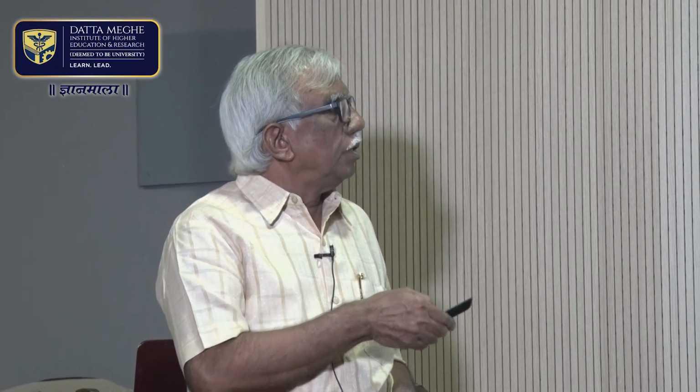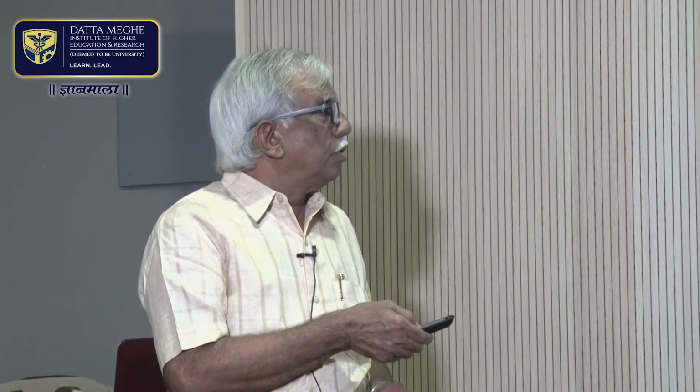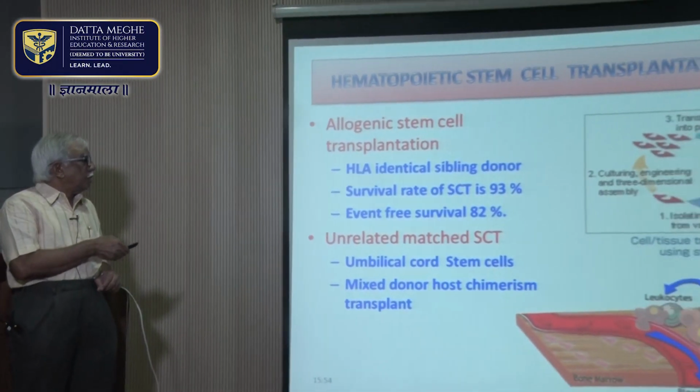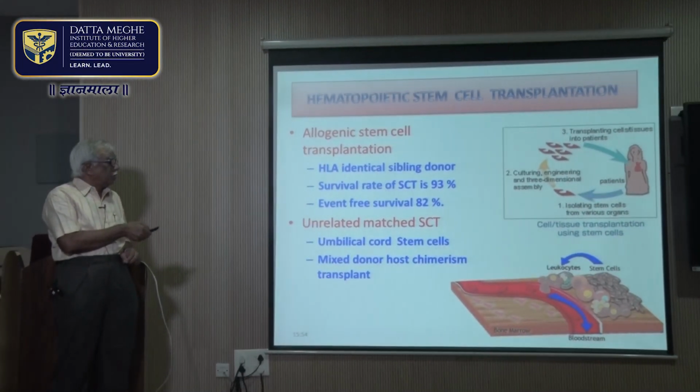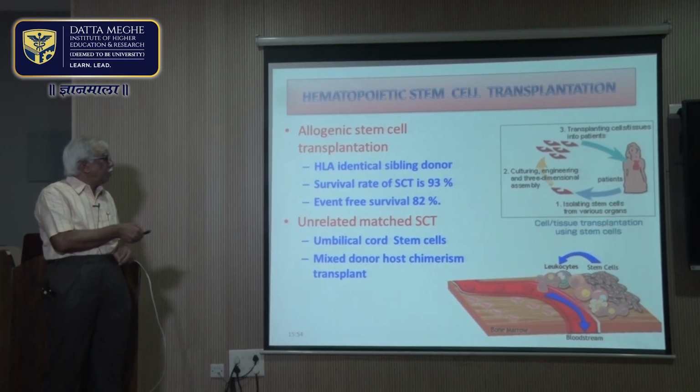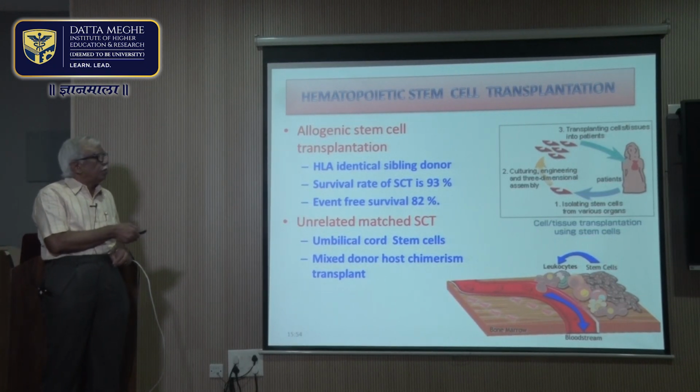This is what about hematopoietic stem cell transplantation, bone marrow transplantation. Either an identical sibling donor, say monozygotic twins, or the sibling donor whosoever is available, or sometimes even the cord blood.